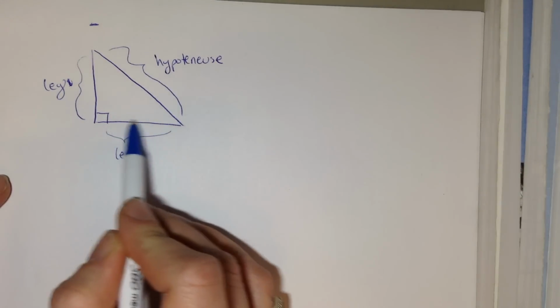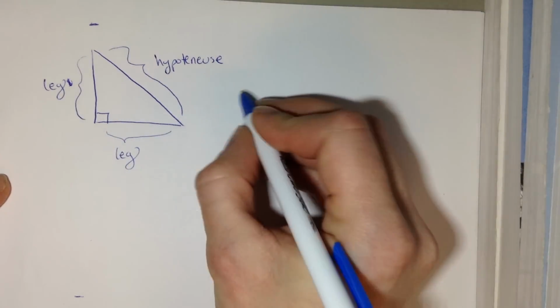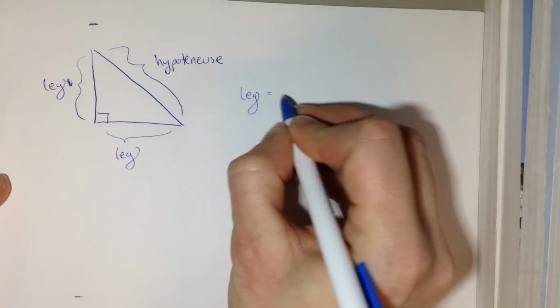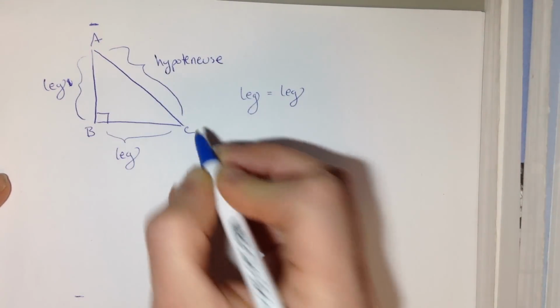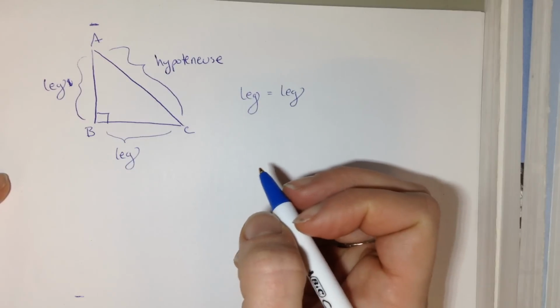Now we've got a special kind of triangle that we are going to see, especially when we start working with some of our body-centered cubic cells that are going to become important. If each of these legs is equal to one another, which is not necessarily going to happen, but let's say that leg equals leg. We could even name this triangle ABC.